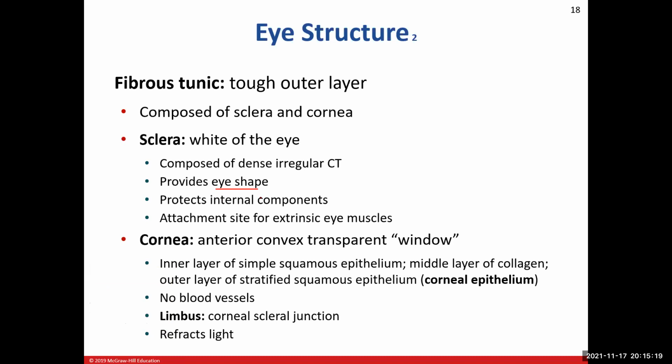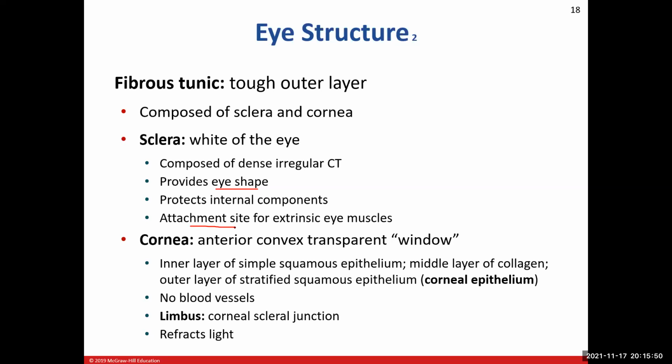And what is nice about it too is it's an attachment site for the extrinsic eye muscles. Again, those muscles help to move your eye around, looking up, looking down, looking in, looking out, all over the place. So the sclera, I think of the sclera like a goon on a hockey team. I don't know why I always thought about it, but it's just a tough structure, and it has to carry a lot of responsibility.